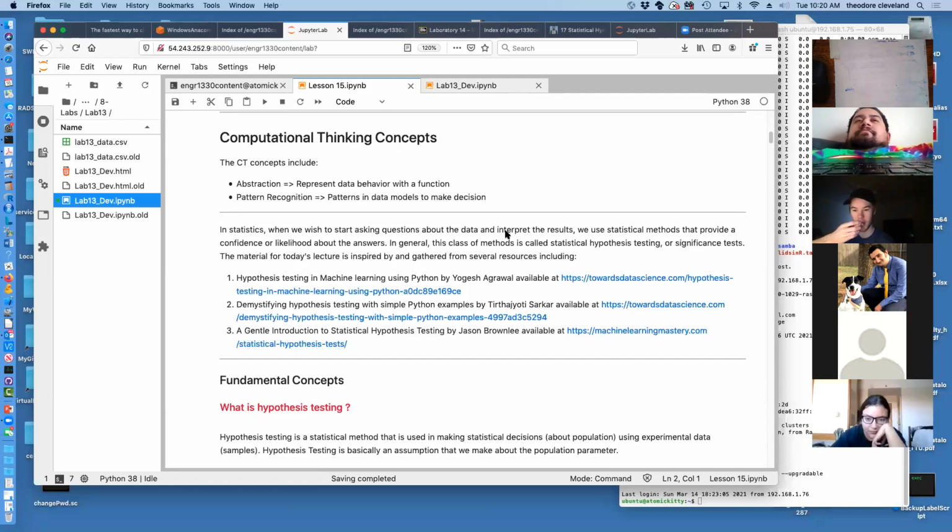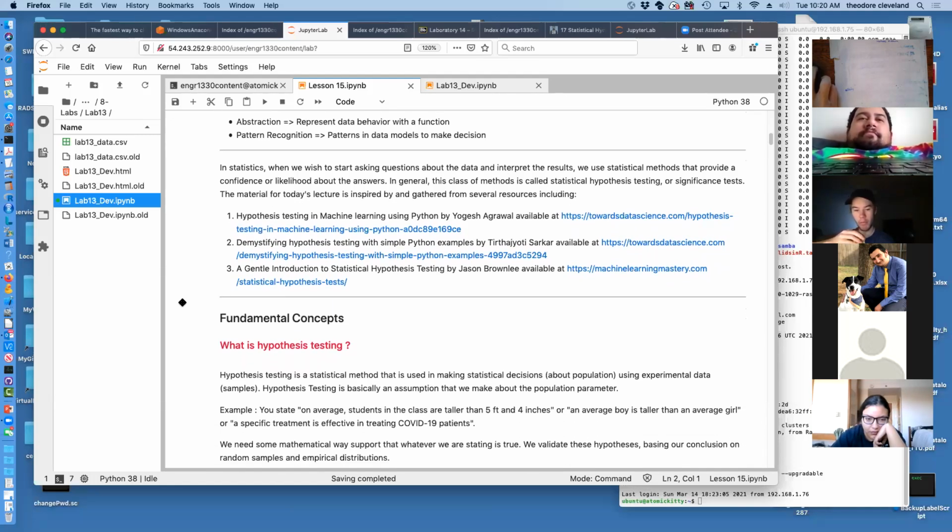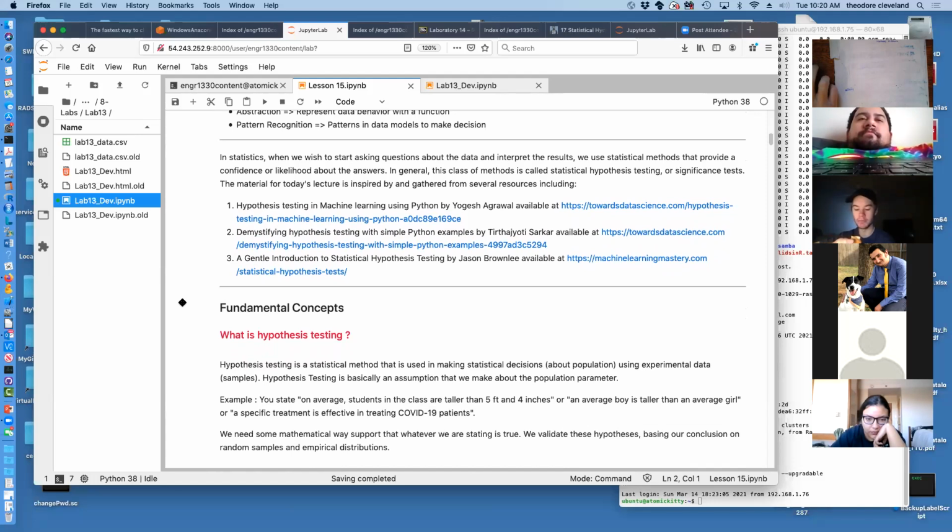In general, the entire class of methods is called hypothesis testing, or statistical hypothesis testing, or significance tests. The material for today's lesson, and lab for that matter, is listed here, plus our formal textbook, which I actually don't have cross-linked. That's an error.